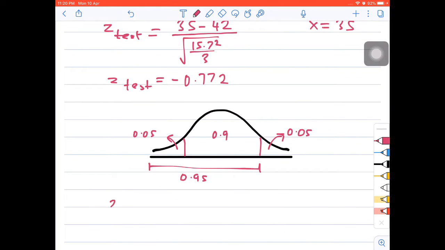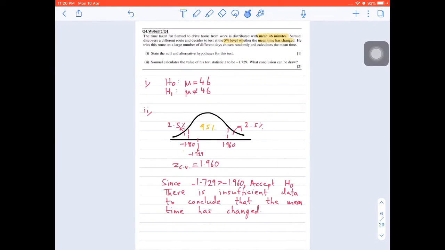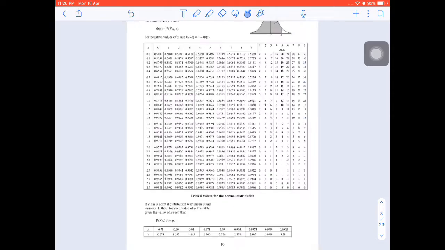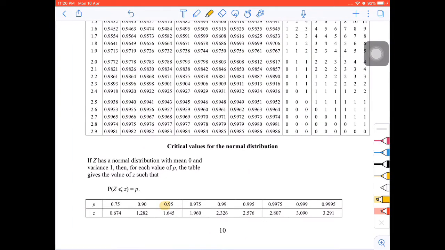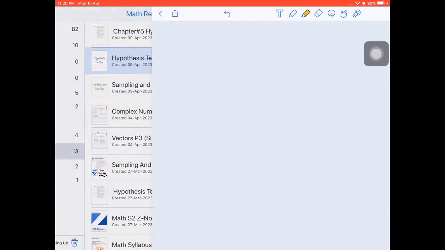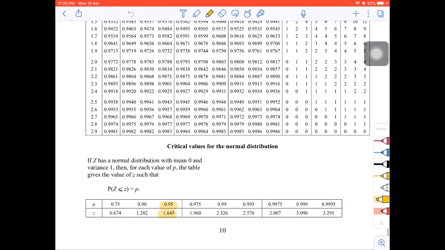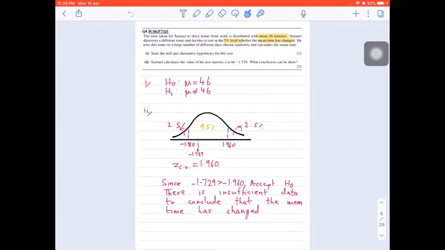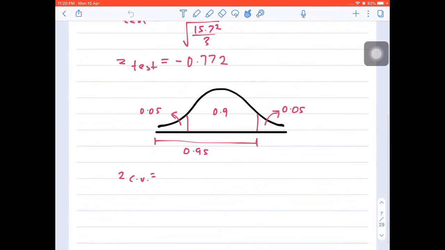So the z critical value will be the value of z corresponding to an area of 0.95. So 0.95 is 1.645. Sorry. So the z critical value will be 1.645.